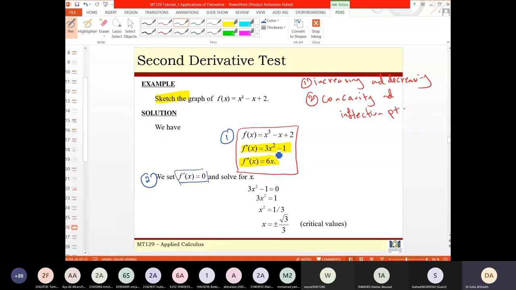F dash of x is 3x squared minus 1. 3x squared minus 1 equal to 0, meaning 3x squared equal to 1, meaning x squared equal to a third, meaning x is plus or minus the root of a third. Now you can find it with the calculator, or you can just write it as plus or minus root 3 over 3. Okay? Can you find this with the calculator and let me know what this equals to? Give me its value. What is the value of this one?